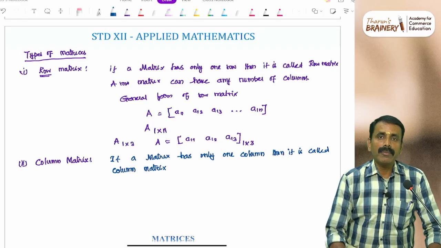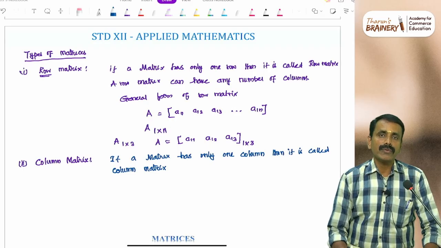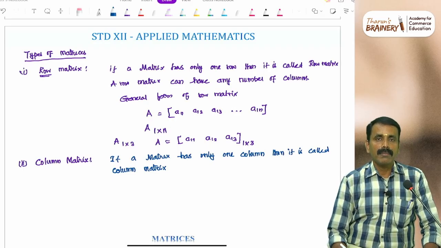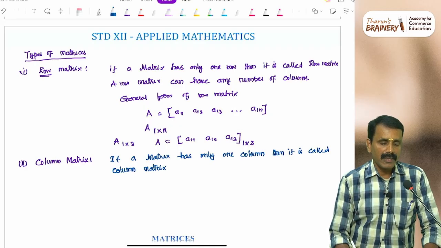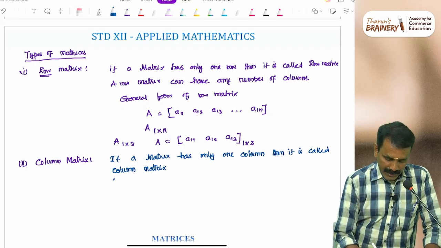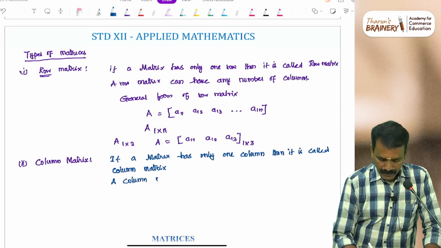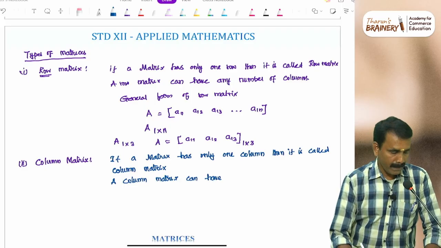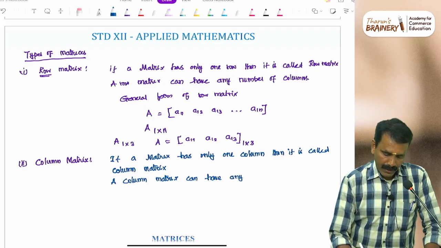So, for a column matrix, how many rows can it have? It can have any number of rows. There is no restriction on the number of rows. But if it is going to have only one column, then it is a column matrix. A column matrix can have any number of rows.